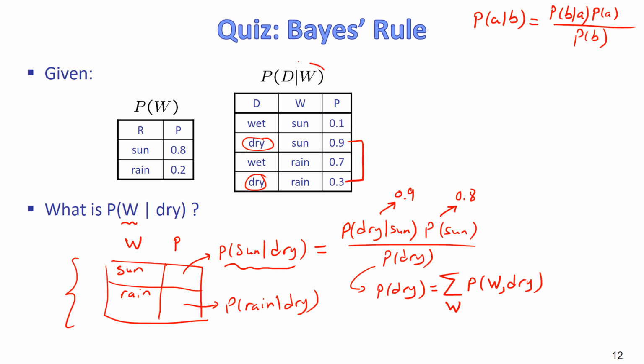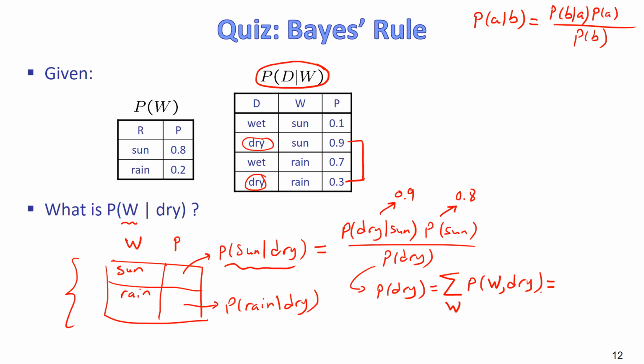This one is a conditional distribution, not a joint distribution, so we cannot add these two values. Of course we can add them, but that's not what we want, and it will not even be a probability, because as you saw, it's more than one. What we want is marginalizing W using the joint distribution. Now we don't have this, but we can use the chain rule to get it.